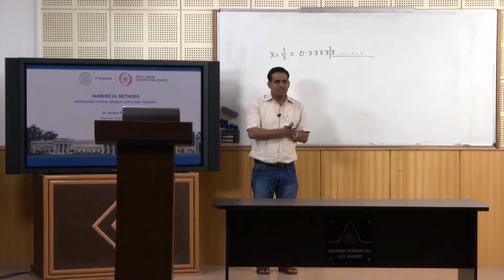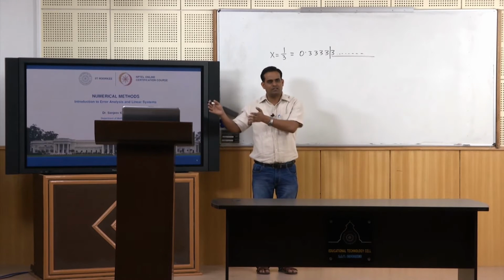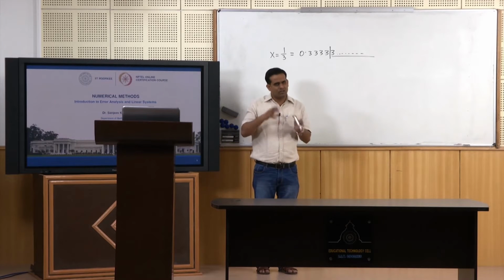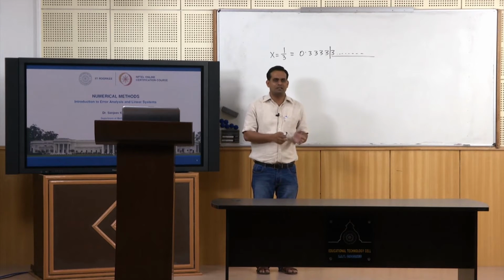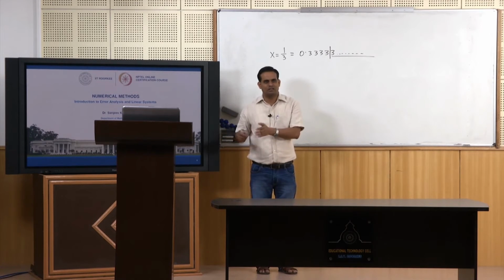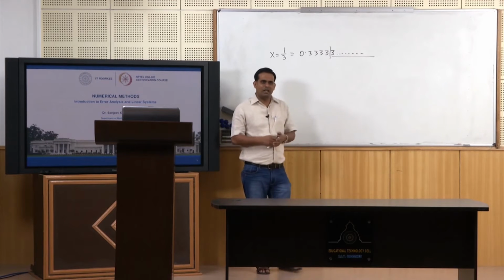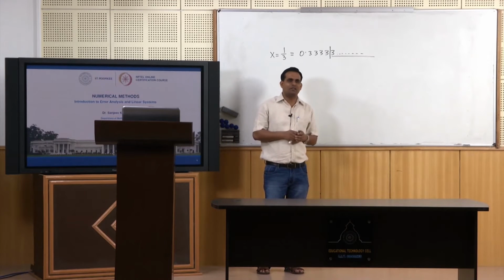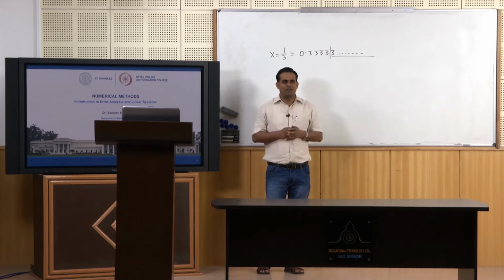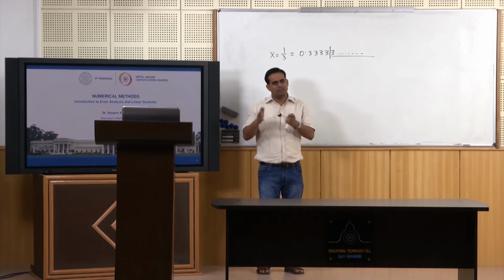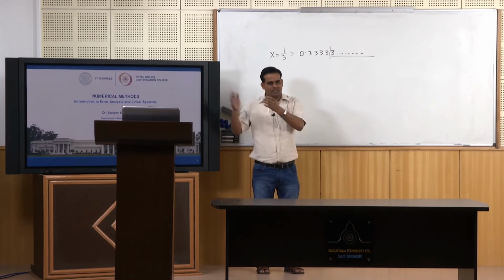Fixed length means a fixed number of digits, and it depends on the computer how many digits we can store. Different computers can have different ability to store the number and to perform the computation with different numbers of digits.